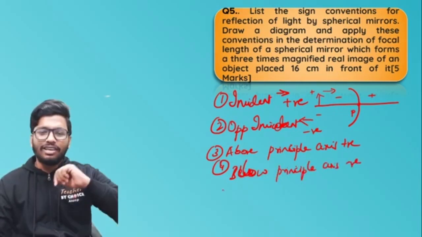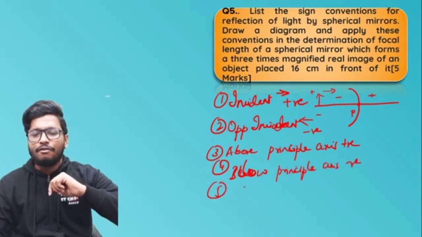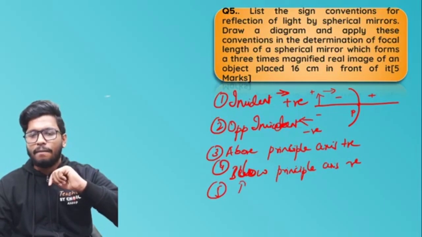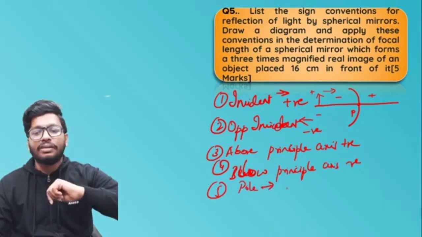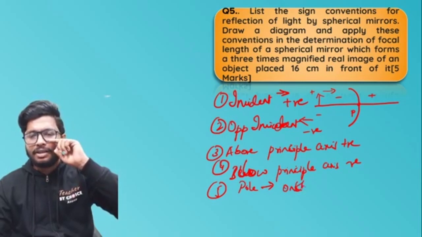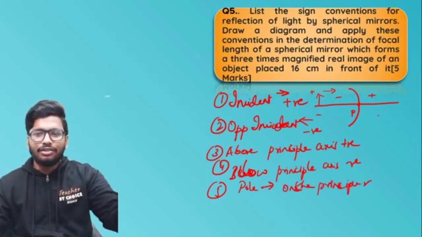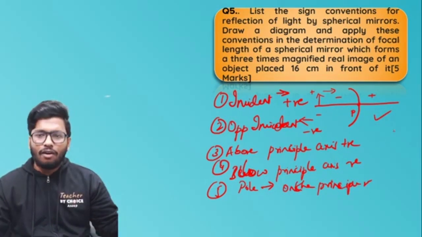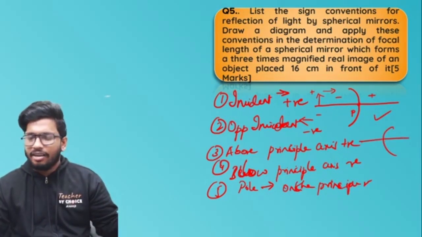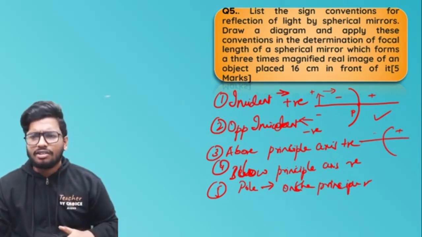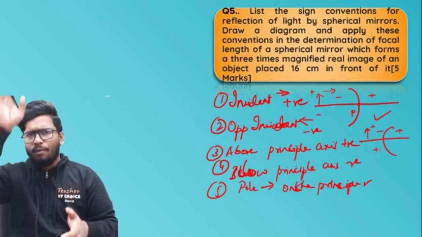And then one more thing: all distances are measured from the pole, on the principal axis. So these are all the points, and you can draw a diagram like this. You can also draw it for a convex mirror as well. It would be the same thing. So positive, negative, and this would be positive, and this would be negative. So that's how it goes.